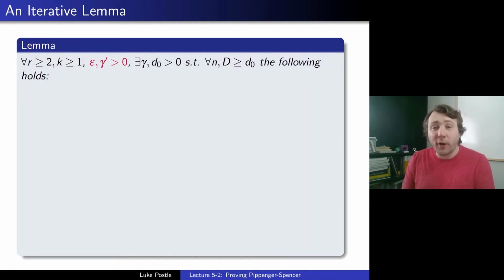So again, we'll have r, the uniformity, we'll have this k coming from the max degree, and then now we're going to introduce two new parameters. So instead of a, which is somehow the error in the cover, we're going to talk about epsilon, which will be that small proportion we're nibbling, and a, quote, gamma prime, that's going to be greater than 0. And you'll see what the purpose of that is second, and then we'll get the outcome, that there's a gamma and a d naught, and for every n and d at least d0, the following holds.